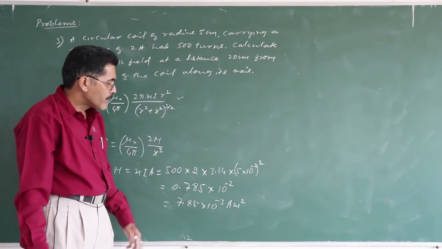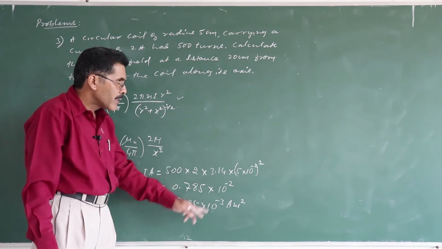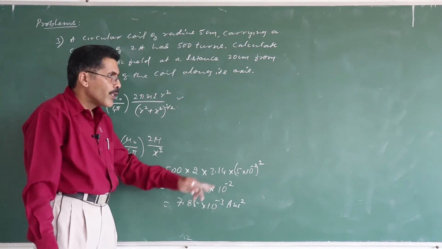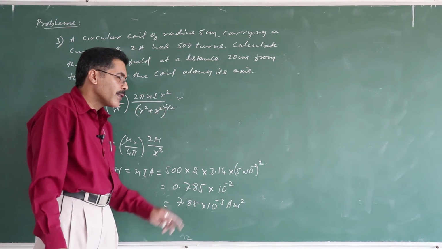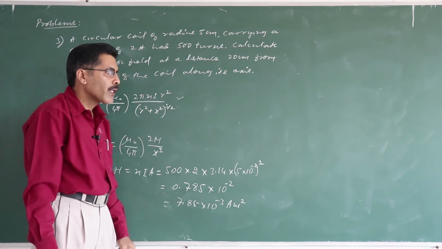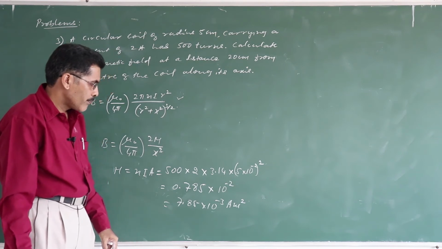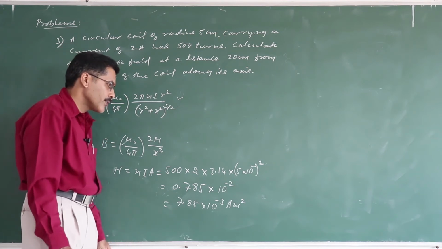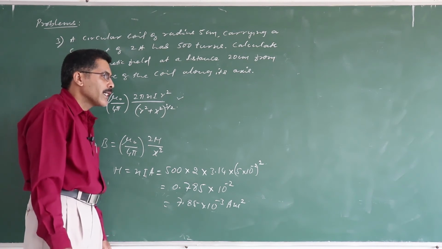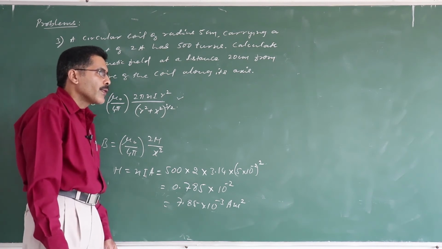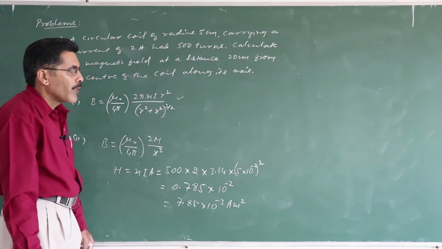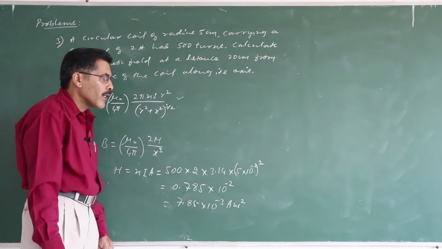25. I can write 0.25 into 10 raised to 2. 0.25 is, already 10 raised to minus 1 is there, 0.25 into 10 raised to 1.